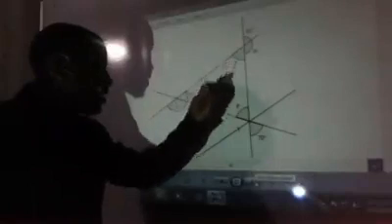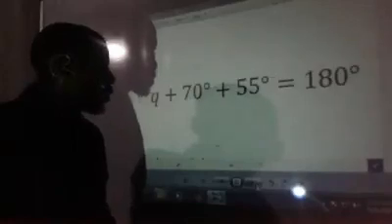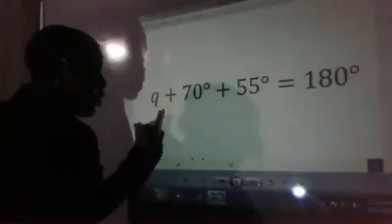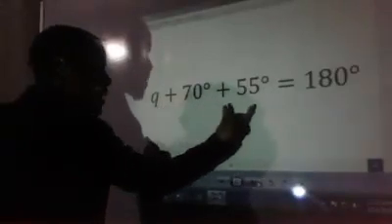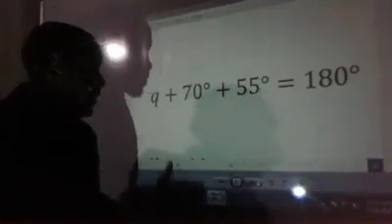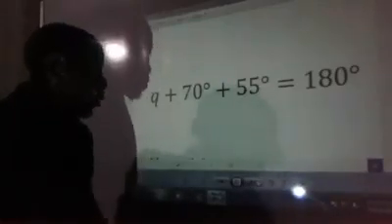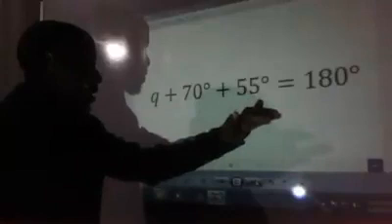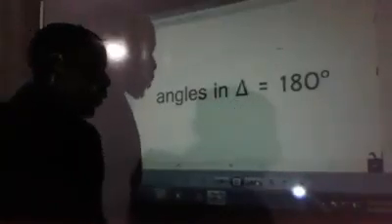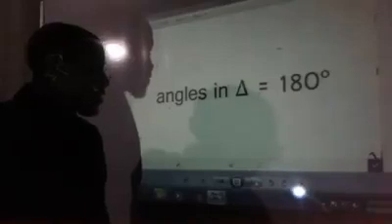So if I add this 70 degrees with the 55 degrees of N plus Q, which is unknown, I'm going to get 180 degrees. So I have Q plus 70 plus 55 degrees equals 180 degrees. Why am I saying this? Because angles in a triangle are always equal to 180 degrees.